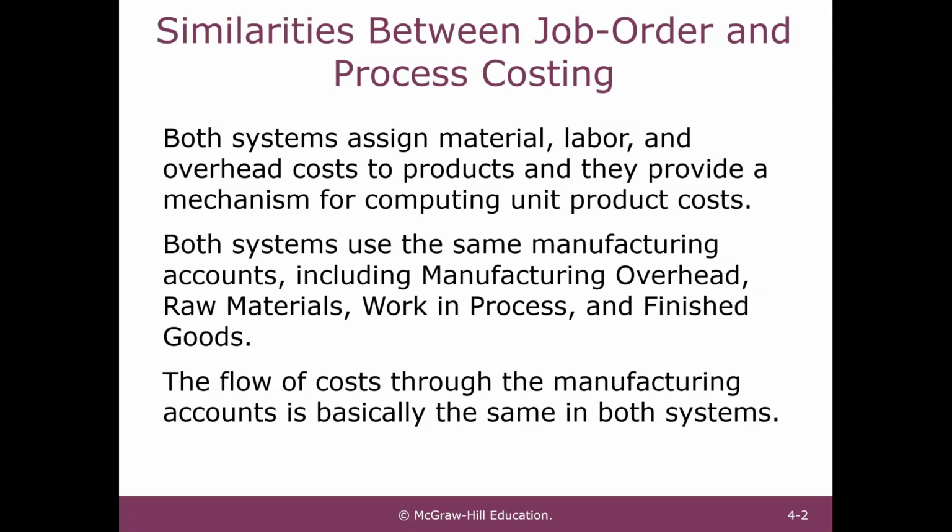They also have the same finished goods cost and cost of goods sold. The difference comes in the work in process inventory. With job order costing, you have one work in process inventory. With process costing, you separate out the manufacturing process into different departments, and each department has its own work in process account.